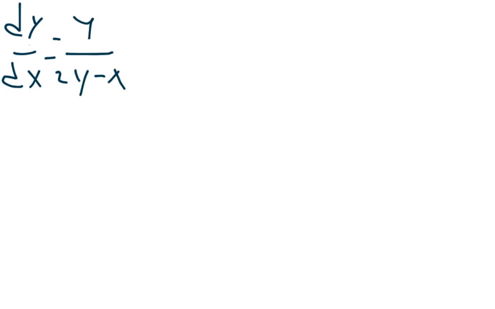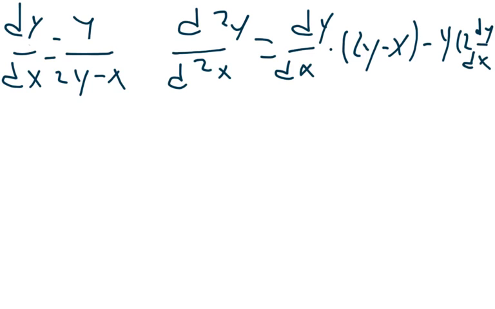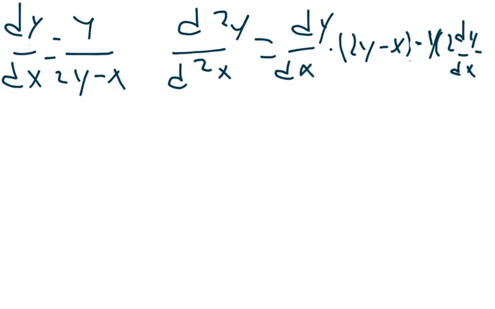So d2y over dx2 equals f prime, which is just dy over dx, multiplied by g, which is 2y minus x, minus f, which is y, times g prime, which is 2 dy over dx minus 1.